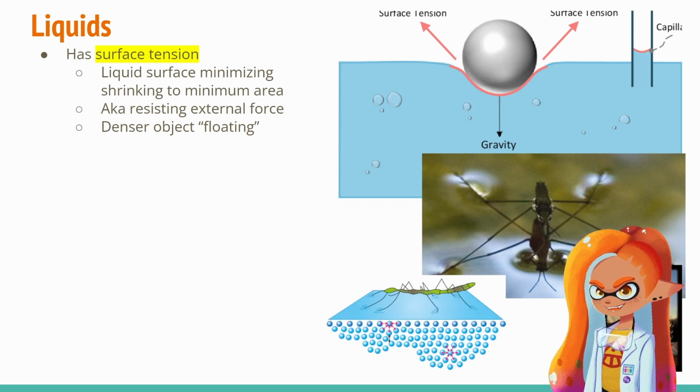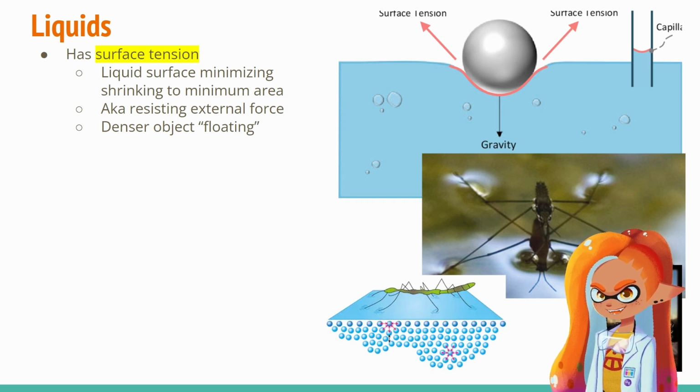If it gets pushed a little bit more into the surface, it would probably sink. But if it was placed gently in the water, for example, there might be enough surface tension from the water to be able to hold it up.